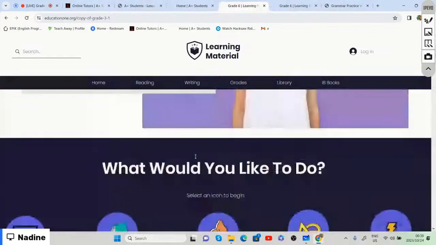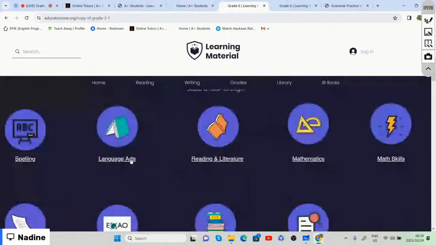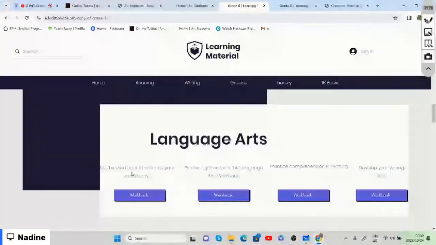Then we scroll down until we get to language arts. Select language arts. Here we have 4 workbooks.